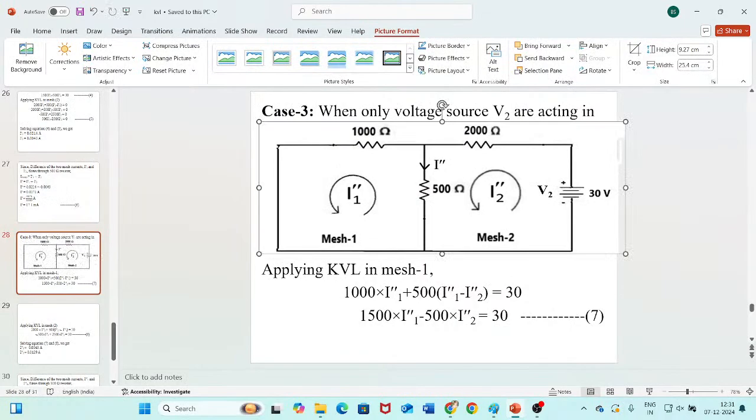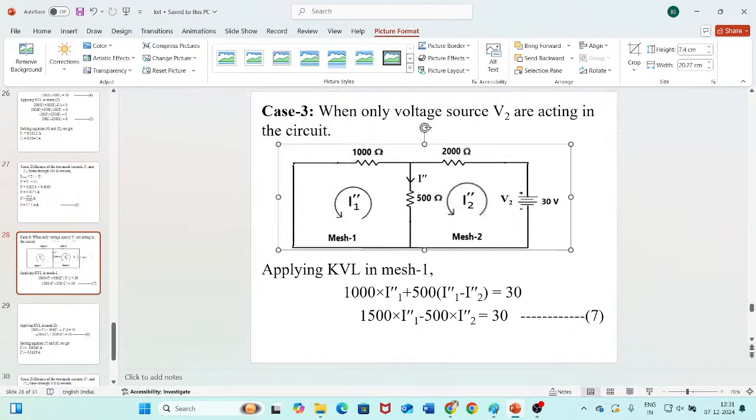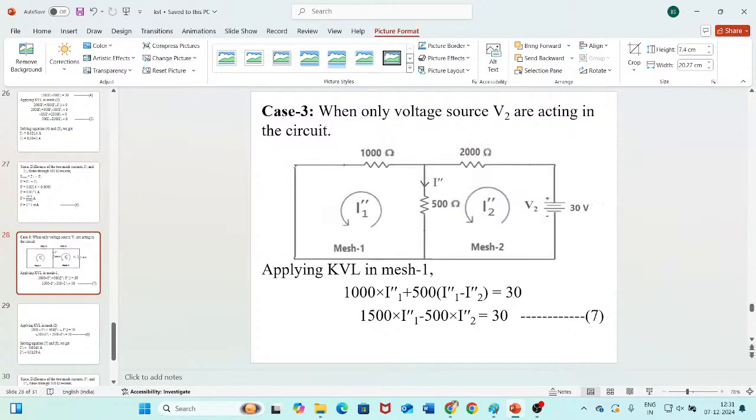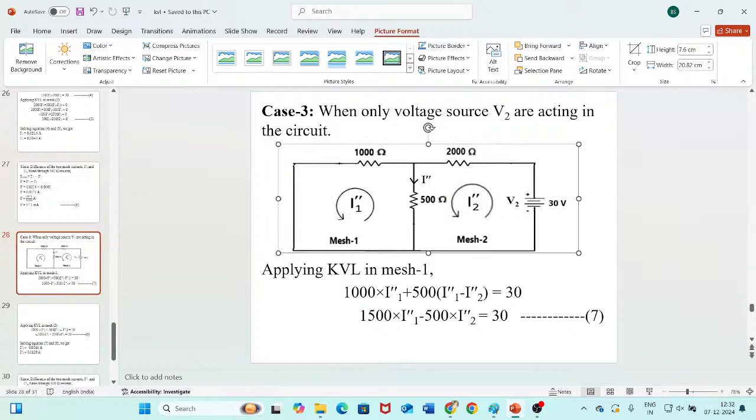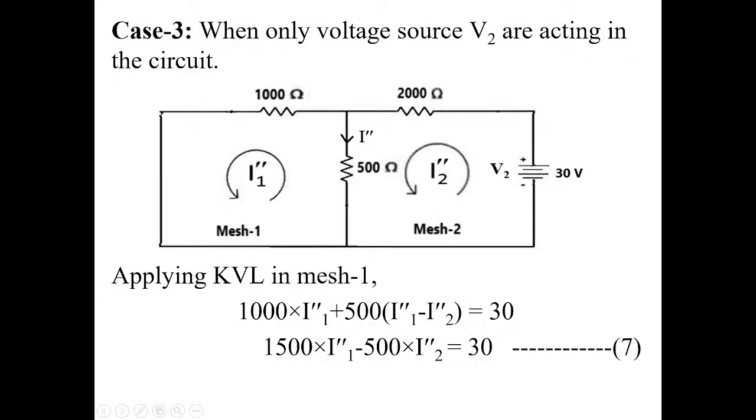So this is the given circuit. V1 is short circuited. V2 is in the circuit. So only V2 voltage source is acting in the circuit.